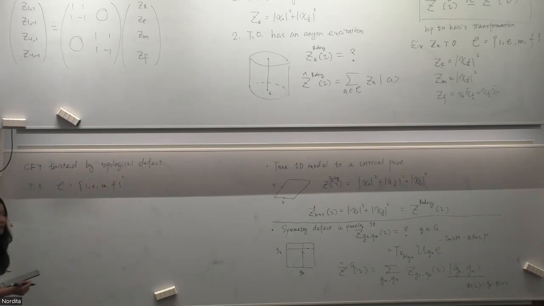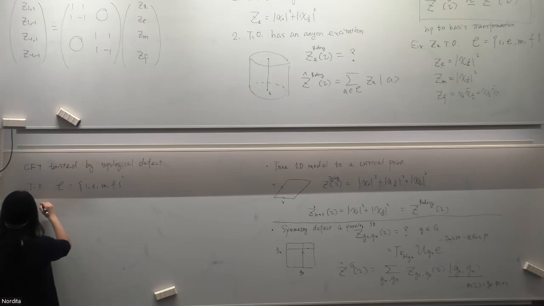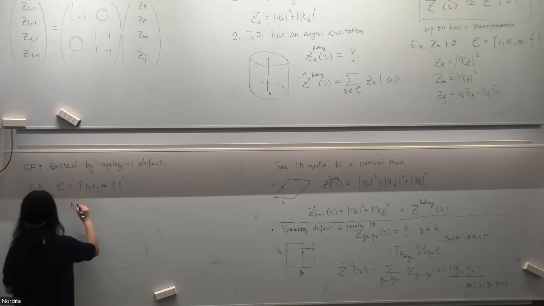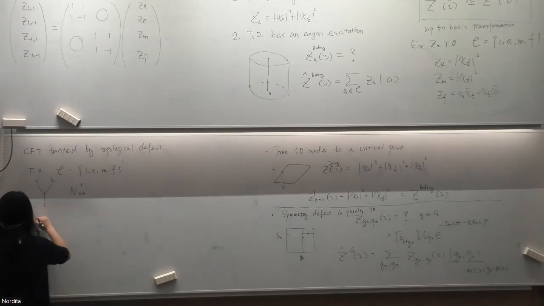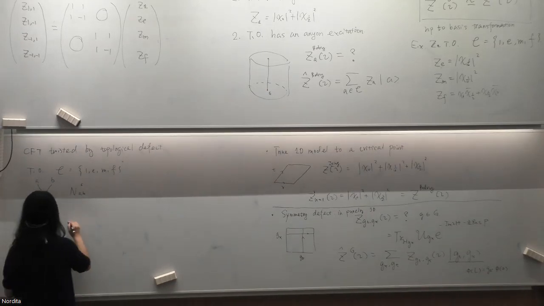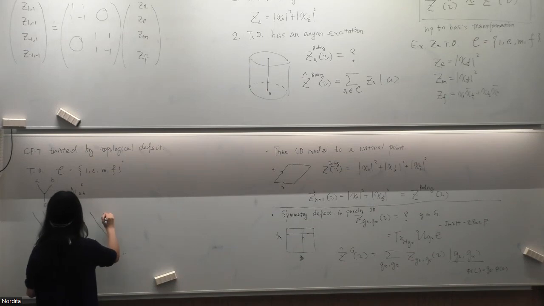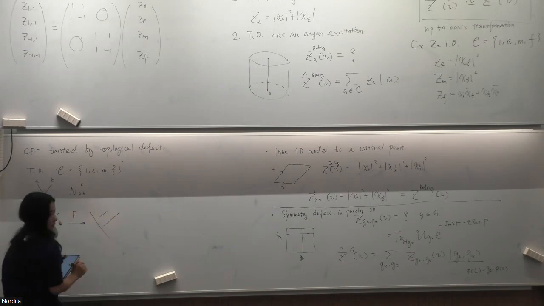And the data is like how two anyons A and B fuse into different anyons, so that's some fusion coefficients. And we want to say, if they fuse in different orders, what's the consistency condition?